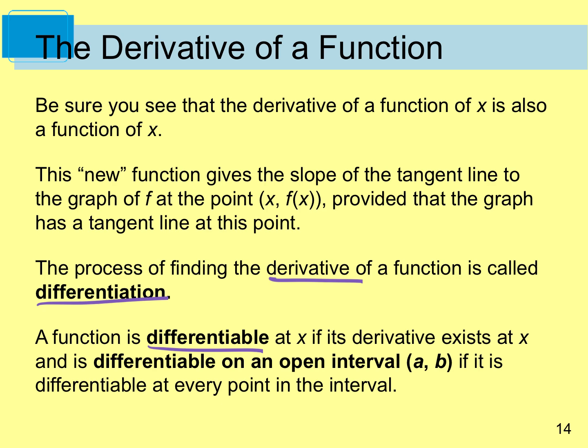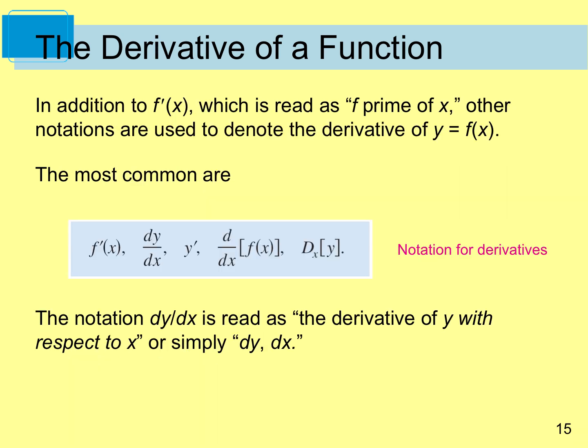So when we find the derivative, you want to make sure you name it. This symbol is a symbol for derivative. It's read as f prime of x. We'll mostly see f prime of x or dy over dx, which is read as dy dx.